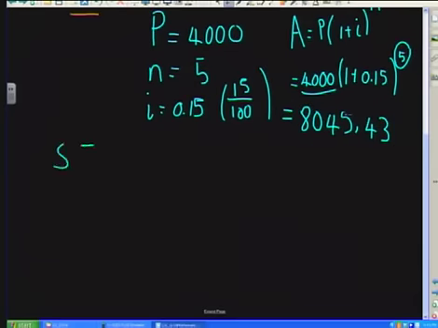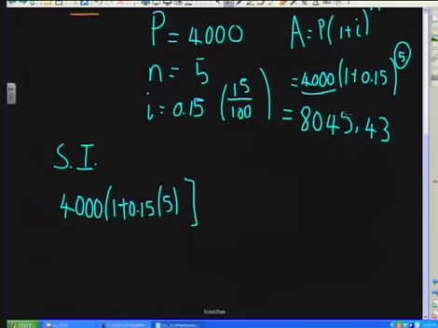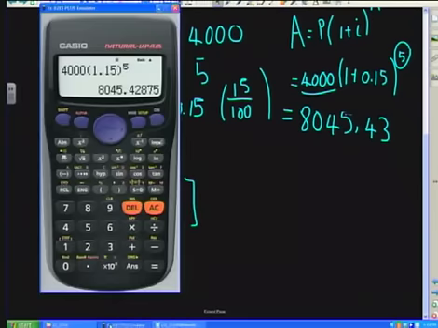In case you were wondering, what's the big difference between simple interest and compound interest? Have a look at this. If we were working out simple interest, we would say 1 plus 0.15 times N, which is 5. Let's see what we get.